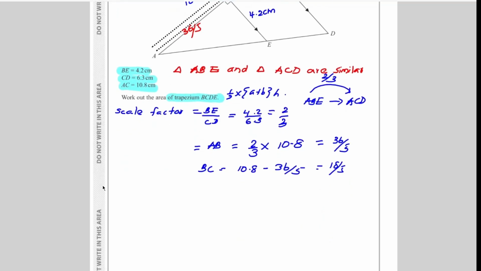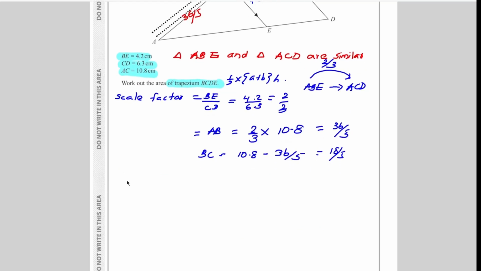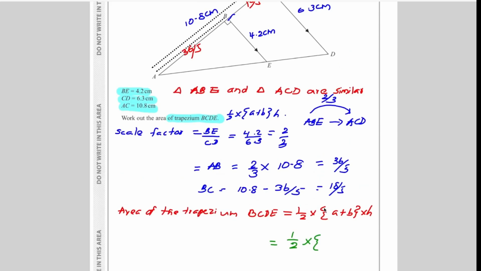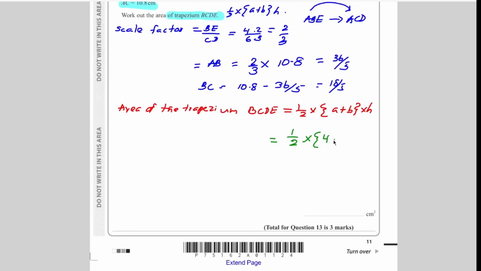Now we can get the area of the trapezium. So let's get the area of the trapezium: half times (4.2 plus 6.3) times h, which we got as 18 over 5.